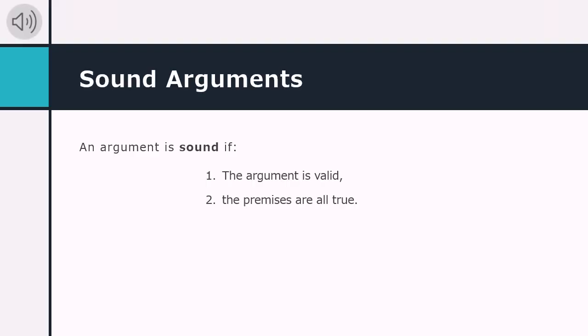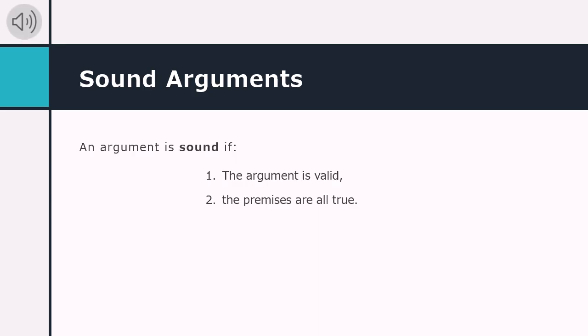In addition to validity, we're also interested in whether or not an argument is sound. And soundness extends the idea of validity. We say that an argument is sound if it's, first off, an actual valid argument, right? So the conclusion is true anytime the premises are true. And furthermore, all of the premises are actually true, right?